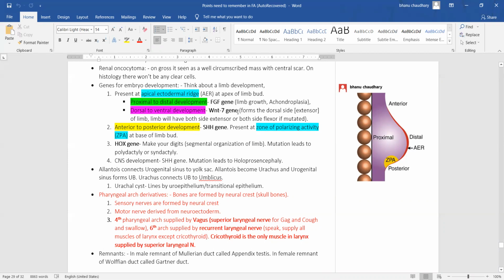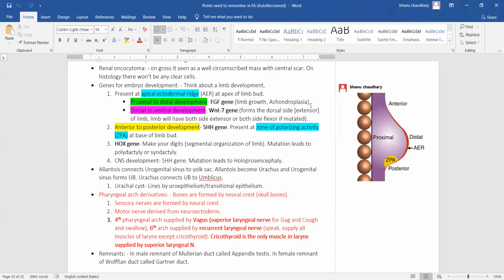Second, you have the Wnt7 gene, and it takes part in the dorsal to ventral development. You know that in the dorsal part, which is coming out of this page, you have the flexor groups, right? Sorry, the extensor group is in the dorsal and the flexor group is in the ventral, right?